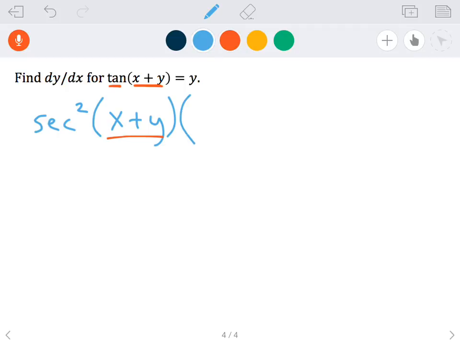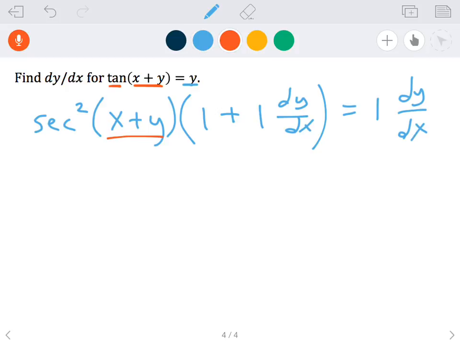The derivative of x is 1, times dx over dx, but I'm not going to show it because it's just 1, plus the derivative of y is 1, but because y is not an x, I have to do dy dx, chain rule, equals, and then over here I have a y, so that's 1 dy dx.